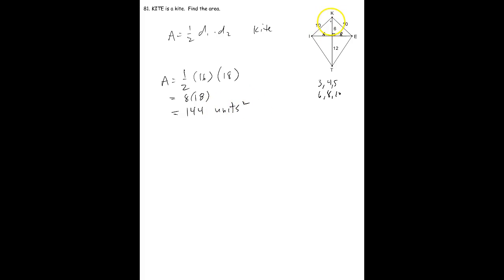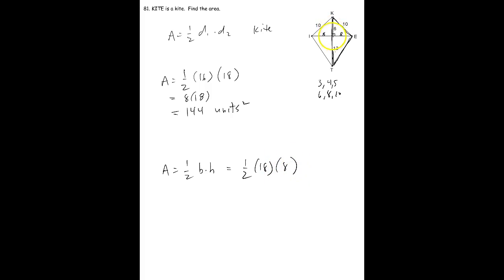You could also just think of this, actually one way to do this is to think about it as two triangles here. If I draw this triangle here, KET, the area of a triangle is 1/2 base times height. The base of this triangle, since I have this height here, is 6 plus 12, so 18, and the height of this triangle is 8.